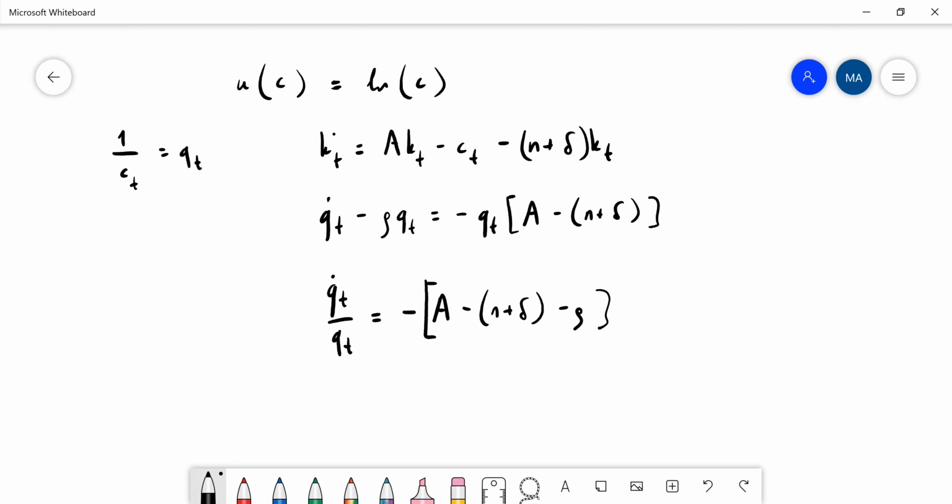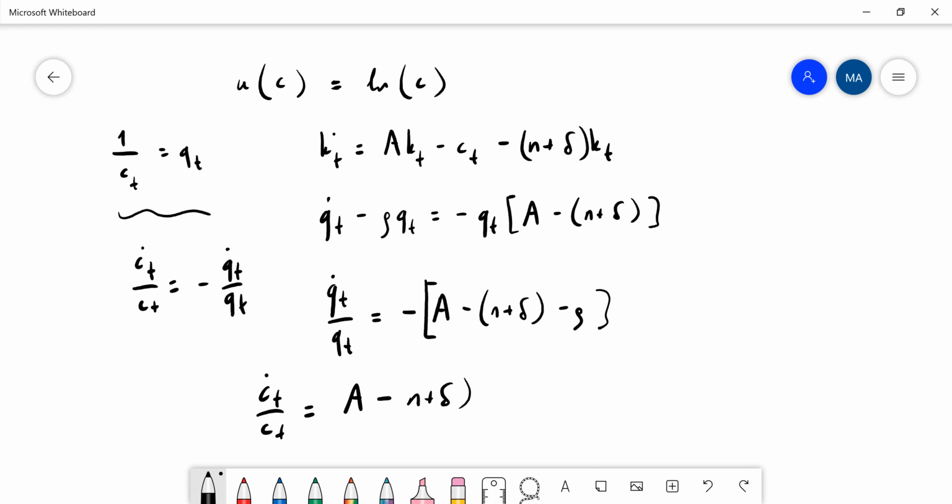So then from this, you have C dot T over C T equals minus Q dot T over Q T. So you have C dot T over C T equals A minus N plus delta, and the sign will be rho.